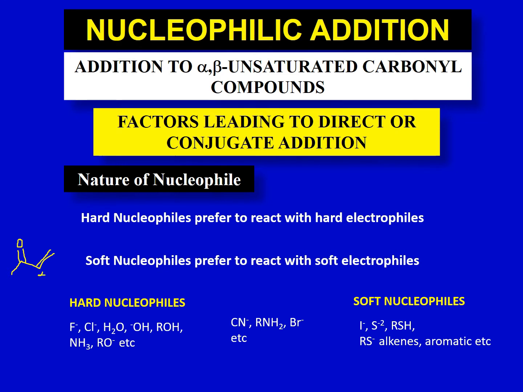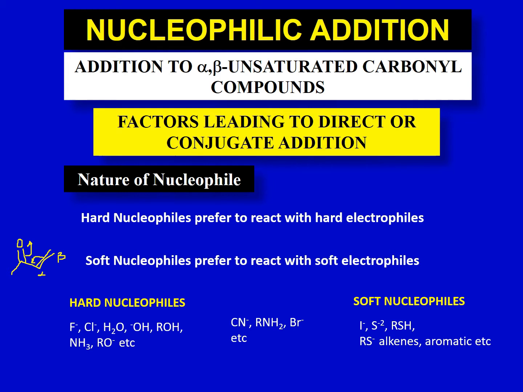And because of resonance, you know that this beta carbon is slightly more electron deficient as compared to the alpha carbon. So attack can occur both at the carbonyl carbon as well as the beta carbon. Now we have to analyze both of them, whether they are soft electrophiles or hard electrophiles.